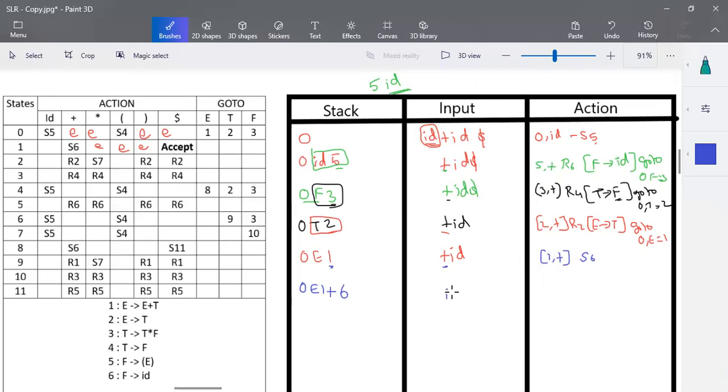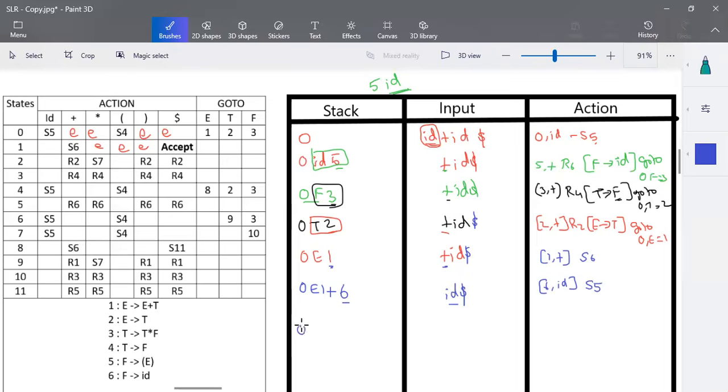So what will be the remaining portion of the input? I have put a dollar over here in all the places, so this dollar will remain as it is. Now this is done. What is the next possible transition? You have 6 here and you have ID here. What is the entry for 6, comma ID? 6, comma ID consists of S5. S5 means it is again a shift operation. Take one token, which here is ID.